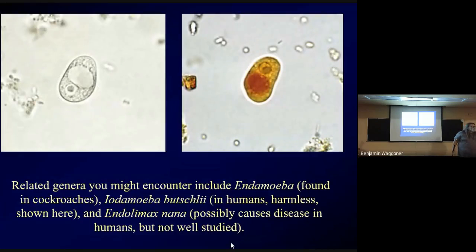And there's a few related genera. Endamoeba is one that I have seen in our South American roaches before. I'm not sure how common it is, but A, it's very small, and B, since amoebas move very slowly, you're likely to overlook them if you're panning around quickly.